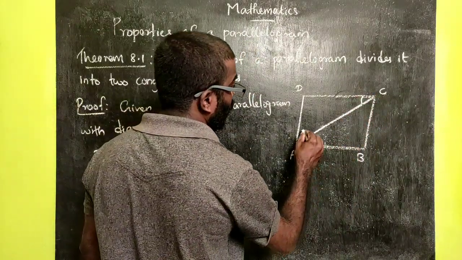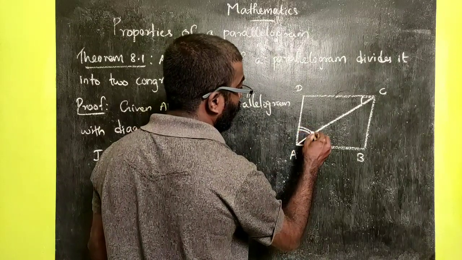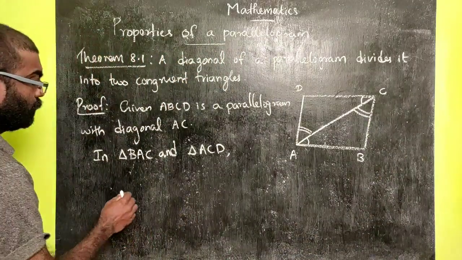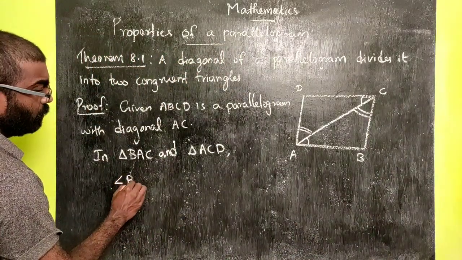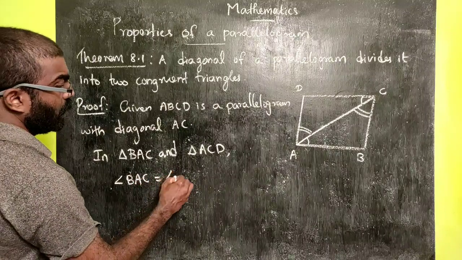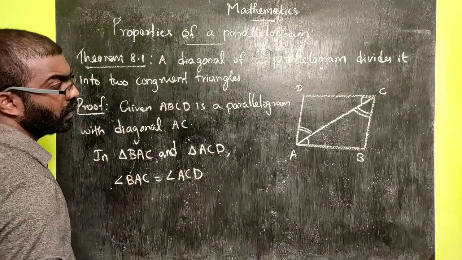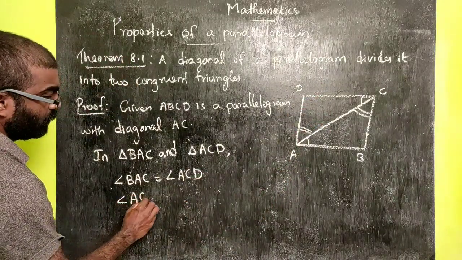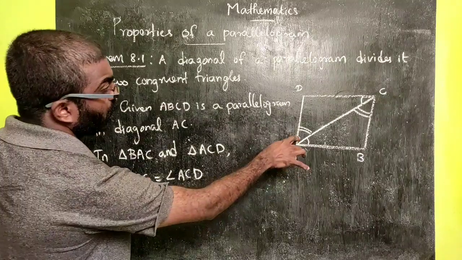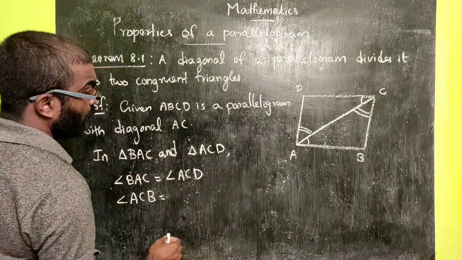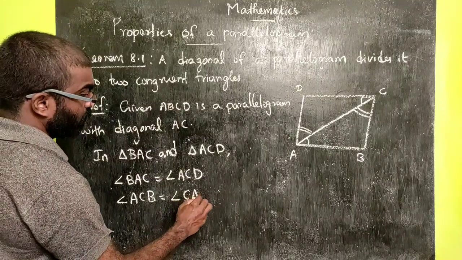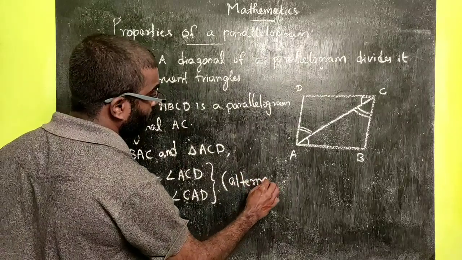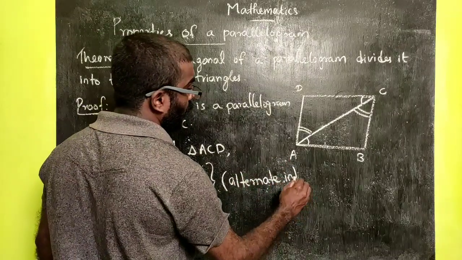And we can see another pair of alternate interior angles here and here. Angle BAC equal to angle ACD. Then another pair is angle ACB equal to angle CAD. Both are equal, alternate interior angles.